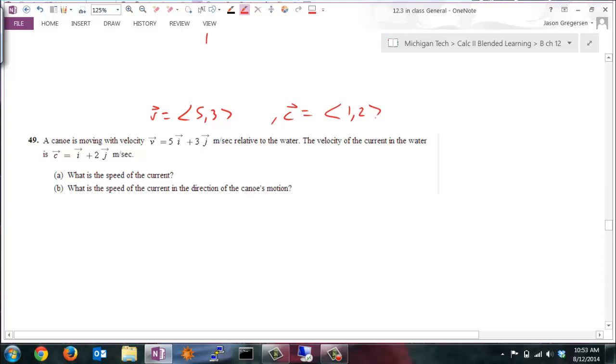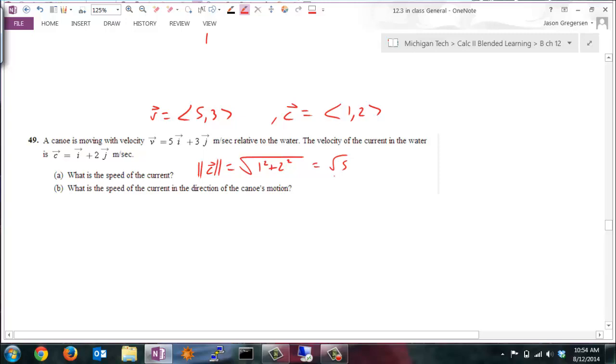These are velocity vectors. First question is, what is the speed of the current? If I'm given the velocity vector, how do I find the speed of the current? The magnitude. So this is just the magnitude of that vector. That's just the square root of 1 squared plus 2 squared, root 5.